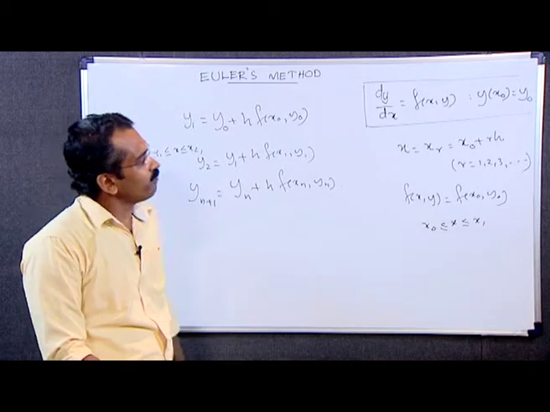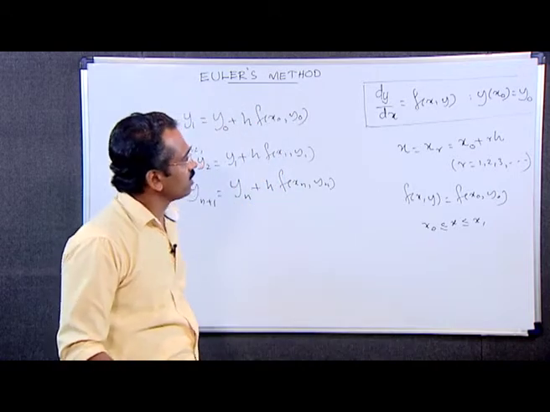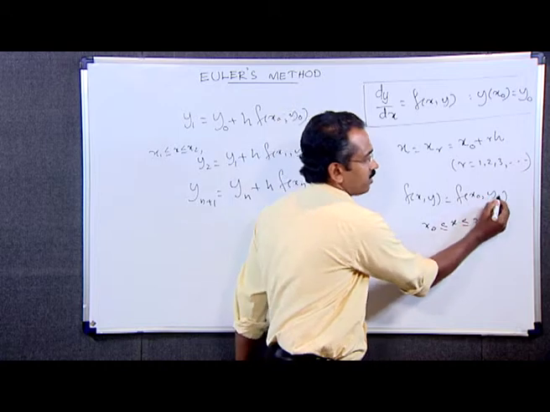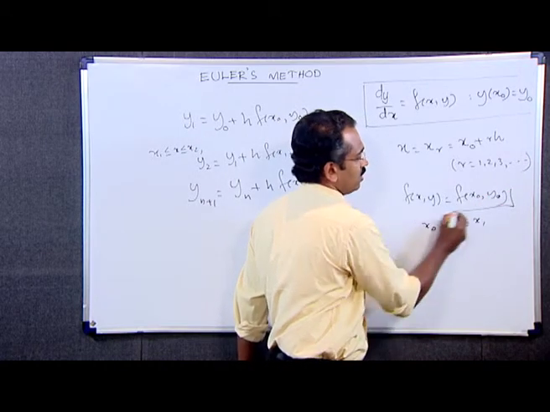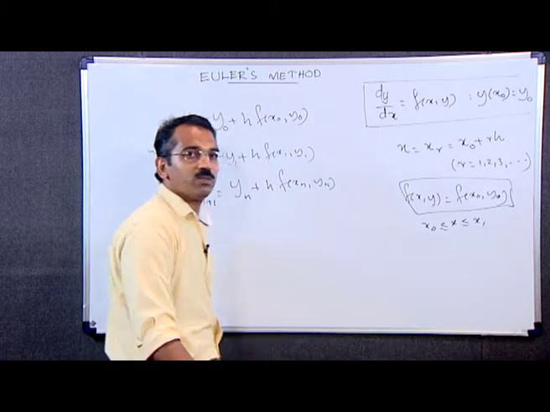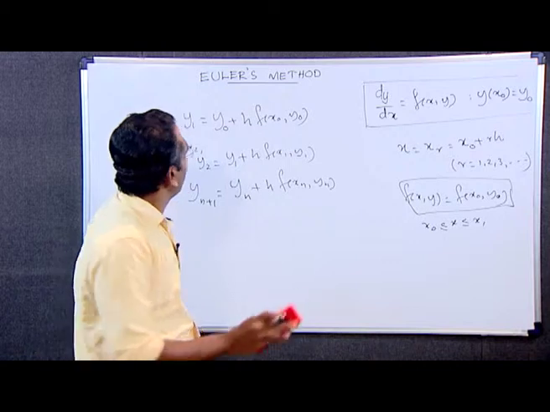In the modified Euler's method, instead of approximating f of x, y by f of x naught, y naught, we approximate the integral by means of the trapezoidal rule.